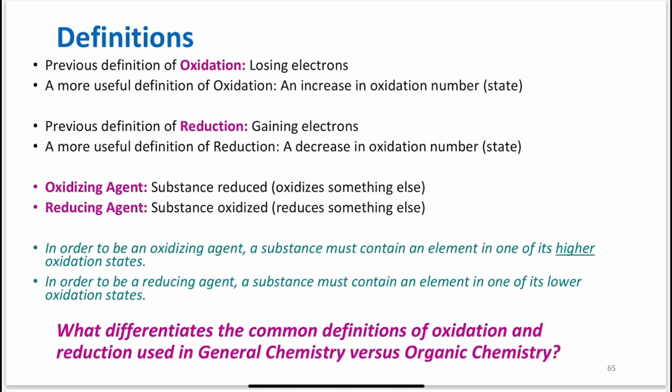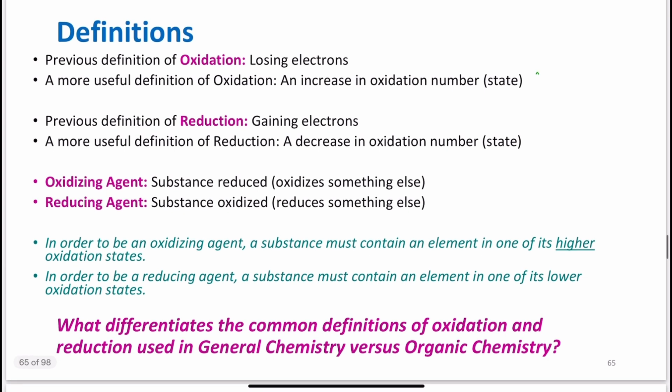Previously, I told you the definition of reduction was gaining electrons, 100% valid, always true. A more useful definition is a decrease in the oxidation number. So increase means more positive, decrease means more negative compared to where it started.